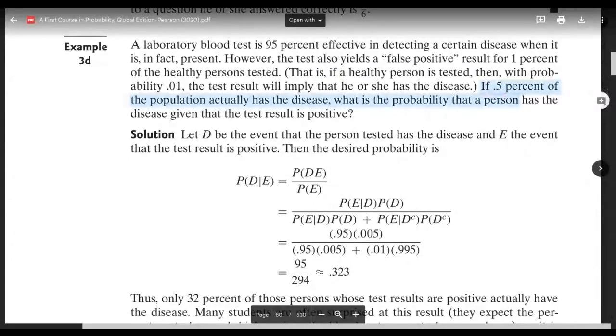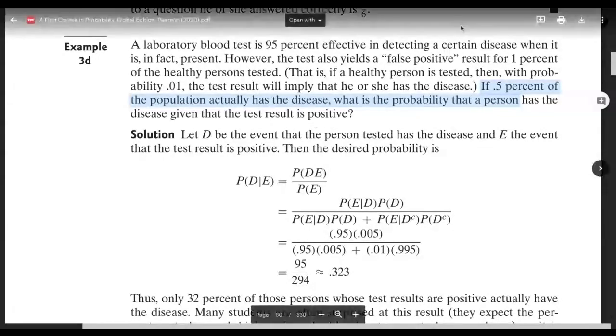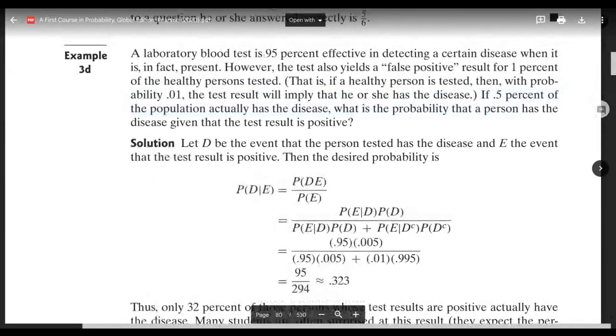If 0.5% of the population actually has the disease, what is the probability that a person has the disease given that the test result is positive? A lot of work is decoding the meaning of the data.